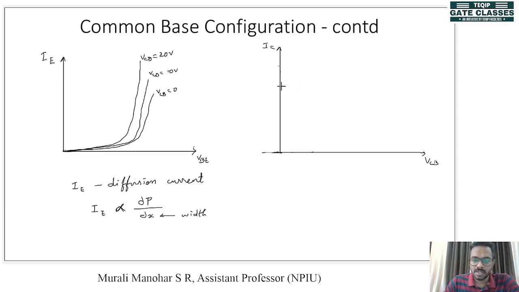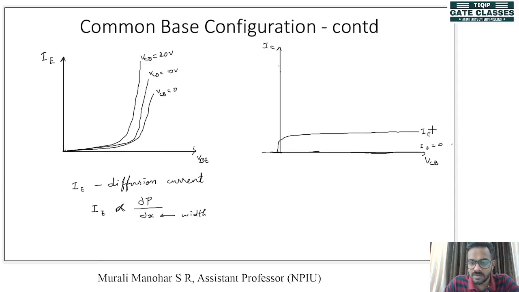Now in output characteristics, we know that when IE is equal to 0, IC will be equal to 0. So this is the characteristics for IE equal to 0, whatever be the value of VCB. Now, if we set IE at a different level, the value of IE will increase, so IC will also increase.